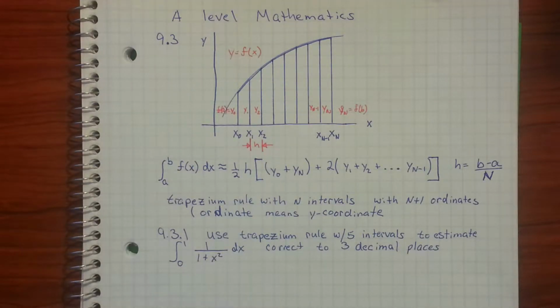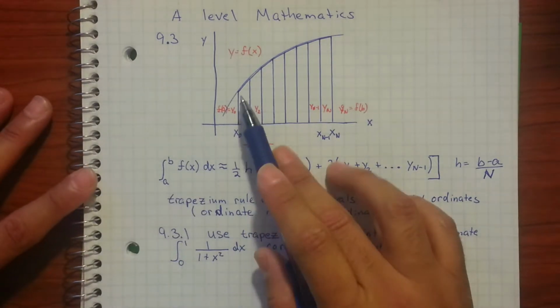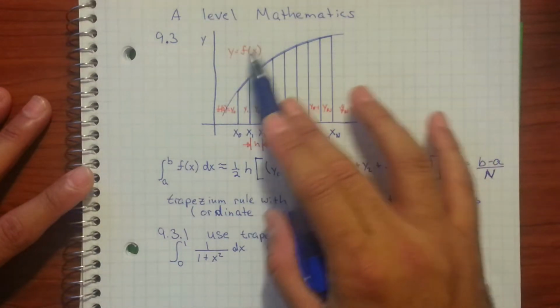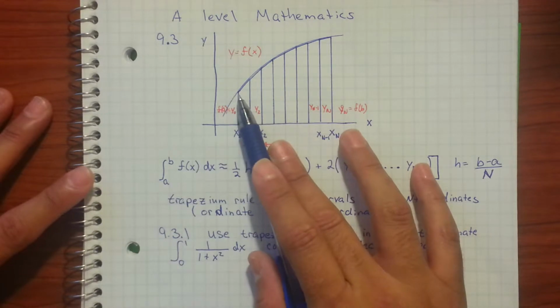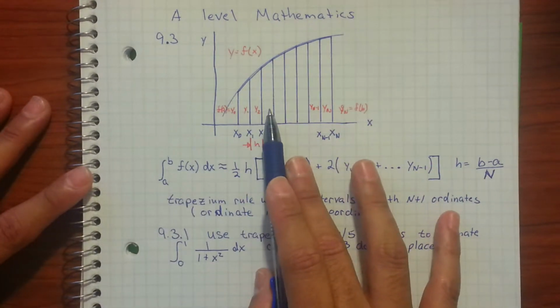Alright, now, this is Chapter 9, Section 3. This is another example of trapezium rule, but this is not the simple rule. This is the general form. So the general form actually is broken up into a bunch of little different parts. Now, if you take a look at this, I have the same curve, f of x here, and then I broke it up into a bunch of little trapezoids.